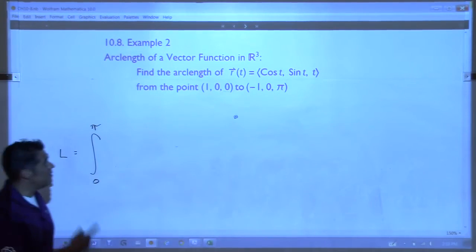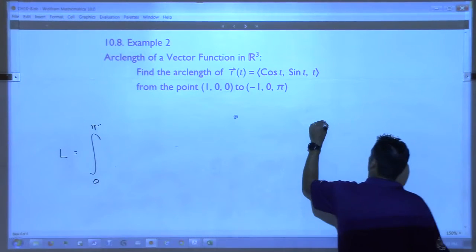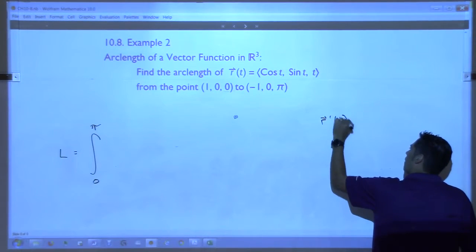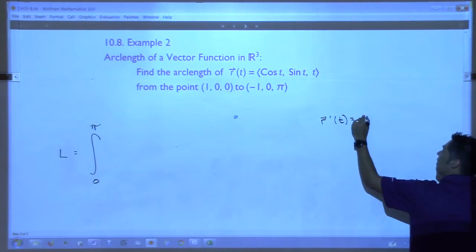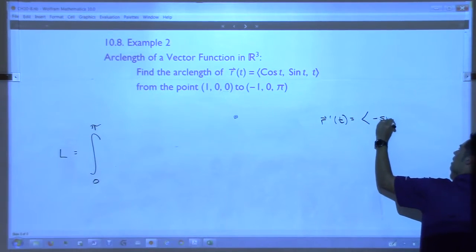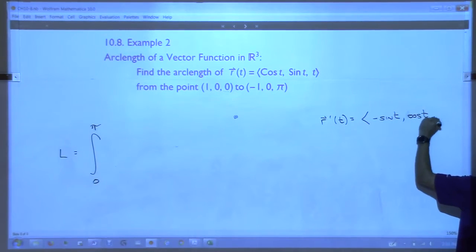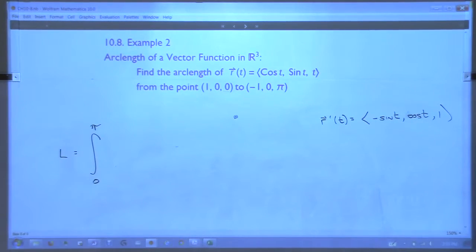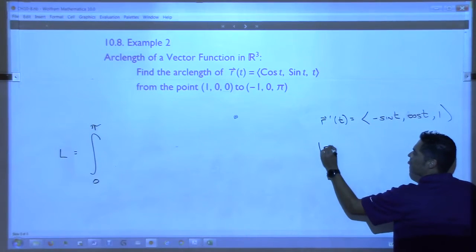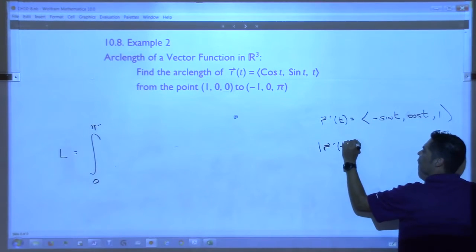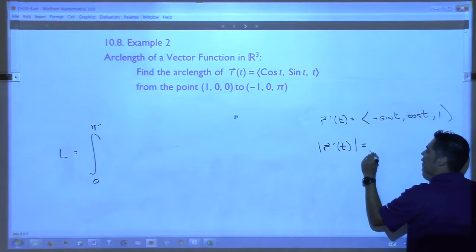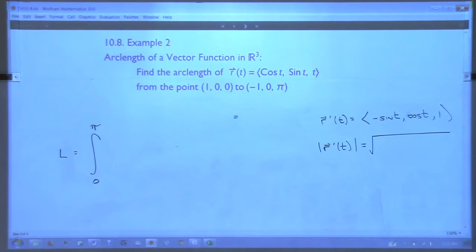Now we need the derivative of that. So let's take our derivative over here. So derivative of this would be negative sine t, cosine t, and 1, right? And then the magnitude of this is going to work out very similar to the last one, right? But not exactly, right?